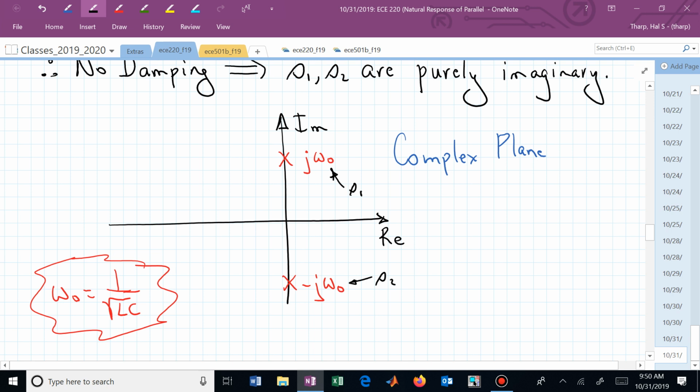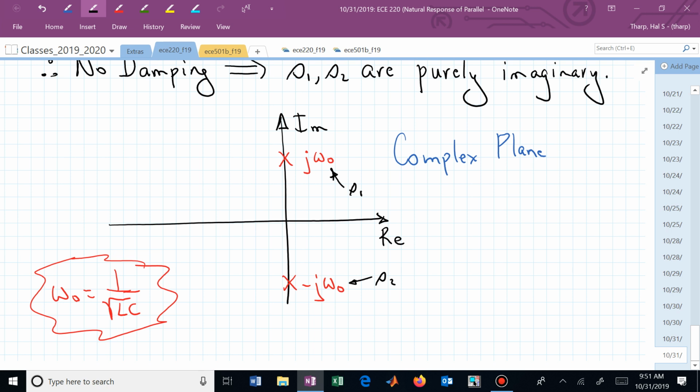And in subsequent classes, you're going to call these modes, or these values of S that satisfy your differential equation. Those are coming from the denominator of a transfer function expression, or a ratio of polynomials. And those in the denominator will be poles, and you'll draw those with x's in the complex plane.